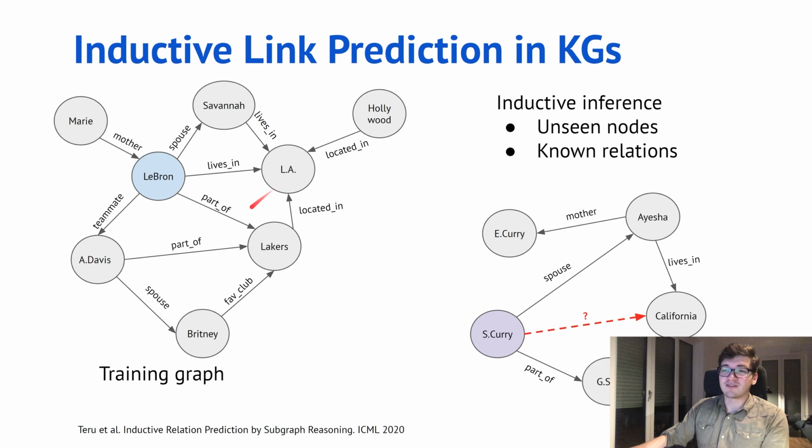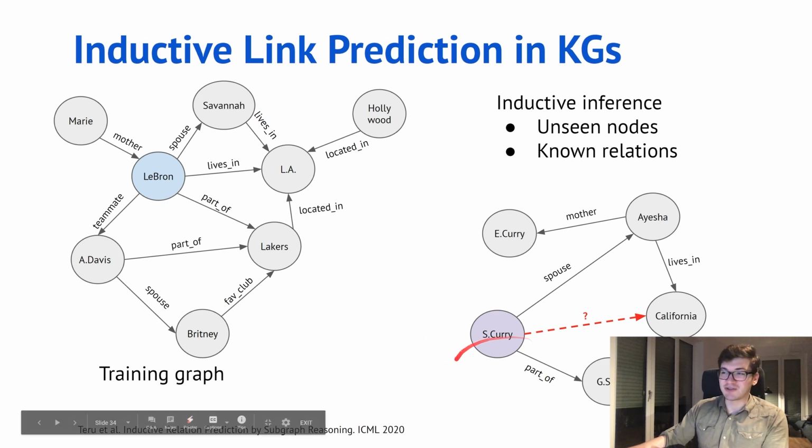So in a training graph there is a graph about LeBron and about LA and Lakers, but your test graph is about Stephen Curry, and there is totally disjoint set of entities, but still known relations, and you have to learn. Well, at first you need some mechanism to extract features, node features, those node features we had problems with, and then train a model in that way that will allow for the inductive link prediction, that there is a link between, say, for instance, Stephen Curry and California.